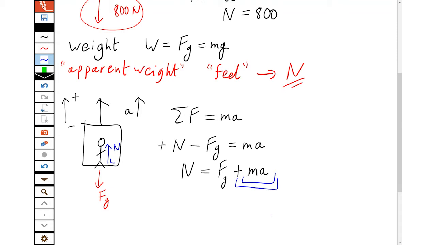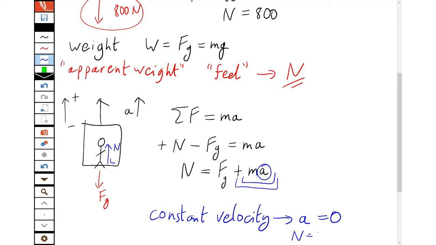But this only happens when you're accelerating. So we revise an old keyword. If somebody instead says we're at constant velocity, remember constant velocity means the acceleration is 0 and we get back to the normal force just being equal to the weight again.